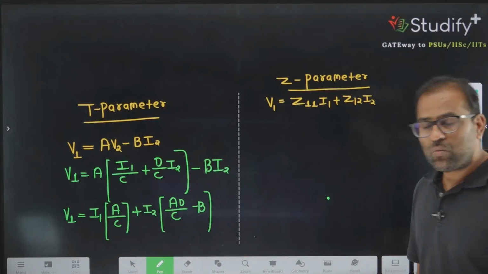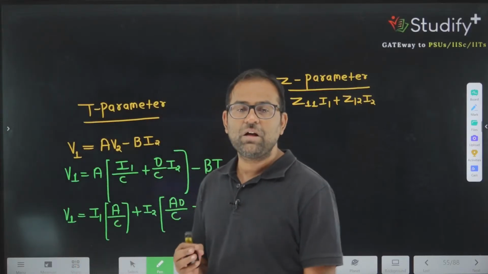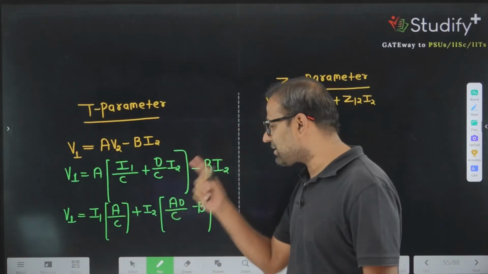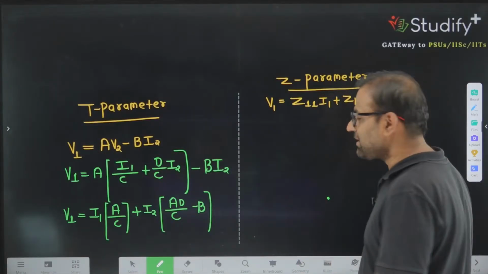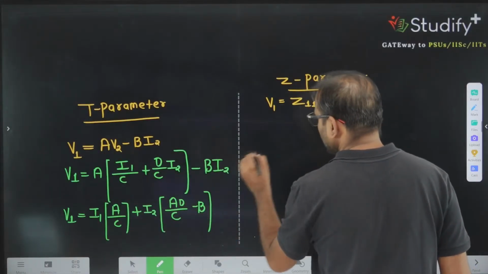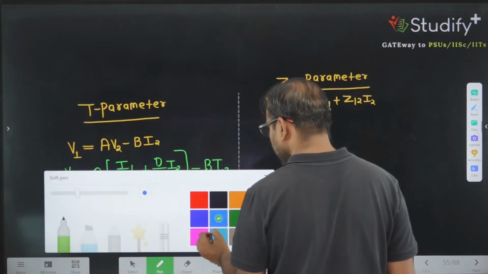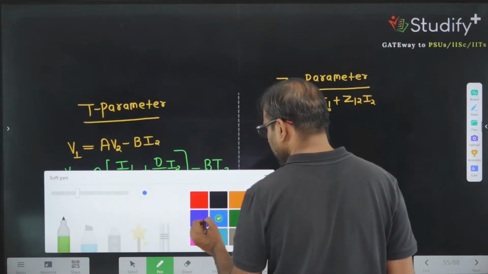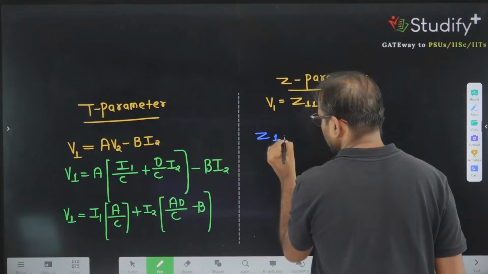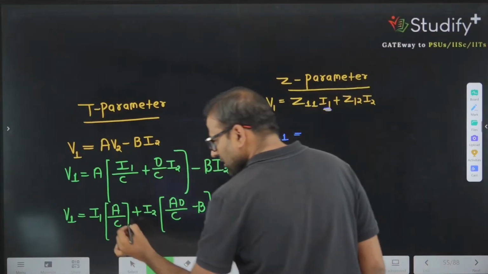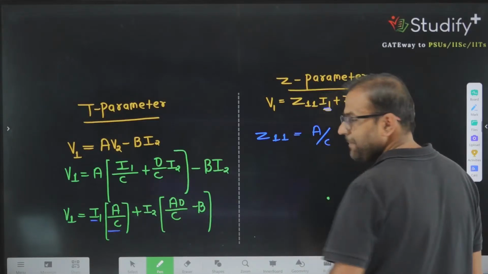Now what I am saying is, both the equations are written for the single two-port network. For a given two-port network, if both equations are written, then this equation must have the same value, so we can compare them. The coefficient of I1 is Z11, so Z11 is the coefficient of I1, that is A by C. And what is the coefficient of I2?